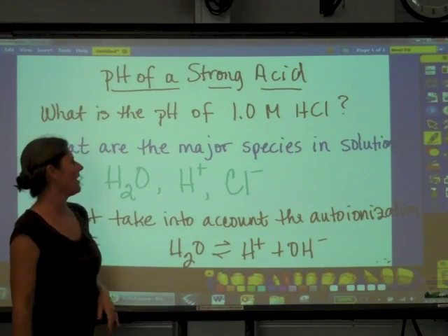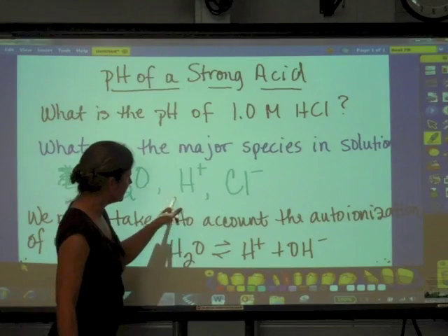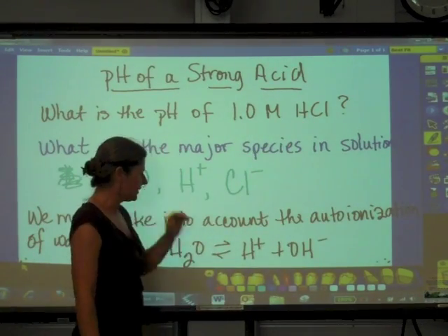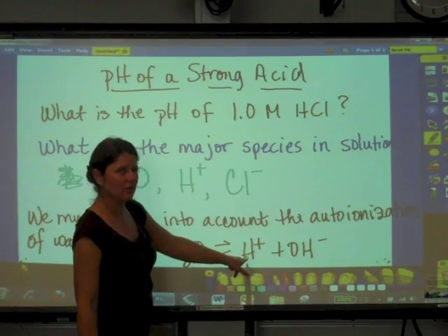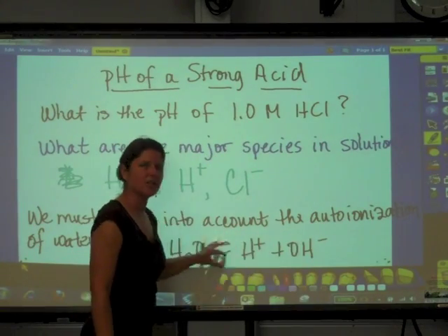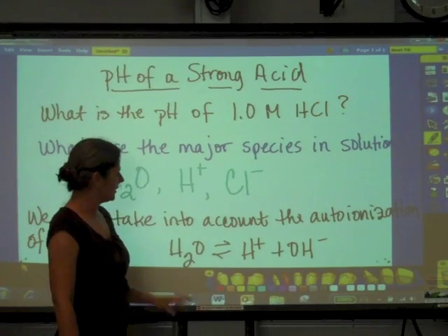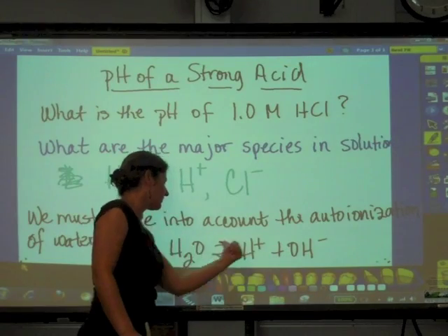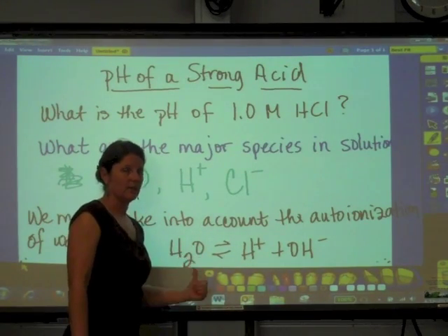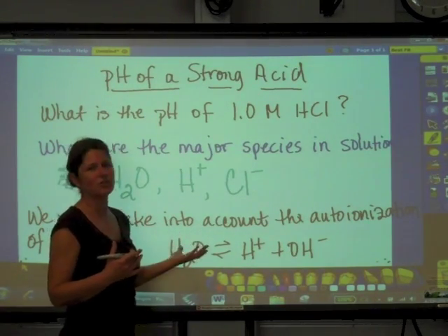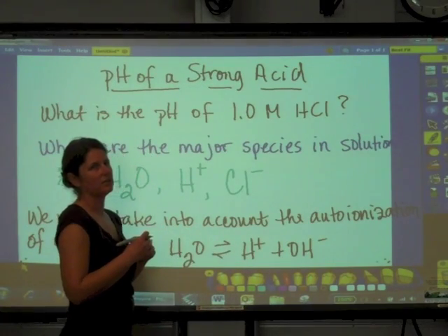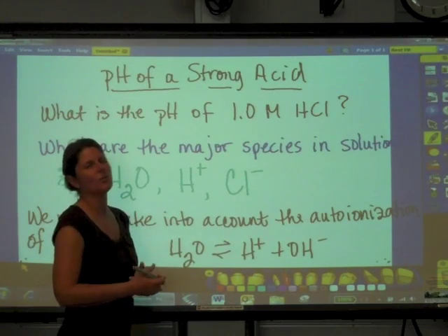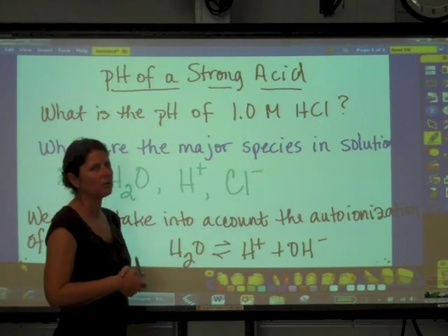And not only that, but the hydrogen that is coming from the dissociated HCl, what's it going to do to this auto-ionization equilibrium with all this hydrogen added from there? It's going to drive this reaction left. And so that means that the concentration of hydrogen ion coming from the auto-ionization of water is going to be even less than 1.0 times 10 to the minus 7th molar.